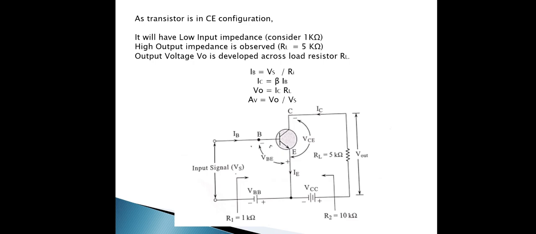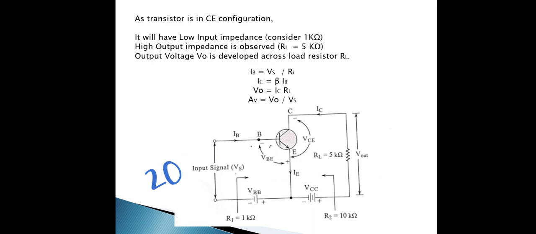IB is nothing but the input current, which is Vs by Ri.